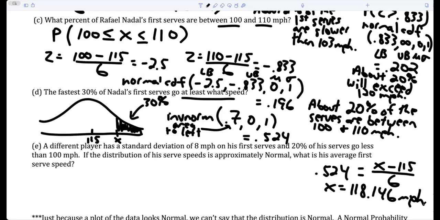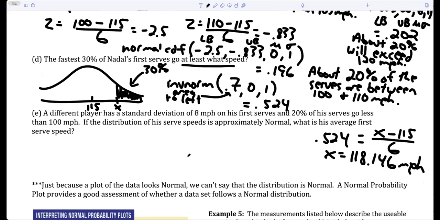Just show your work. Write down inverse norm, write down the z-score, set up the equation. Okay, show your work.